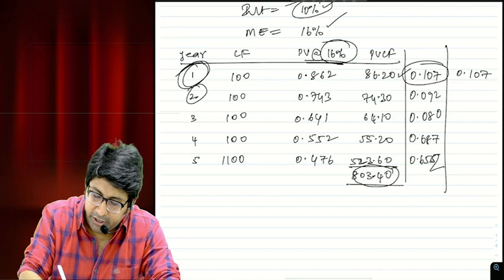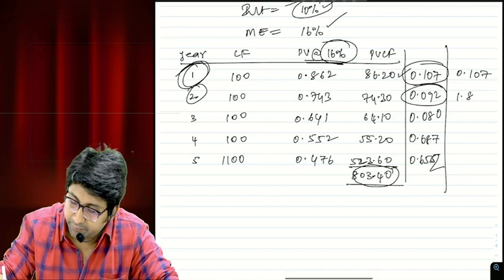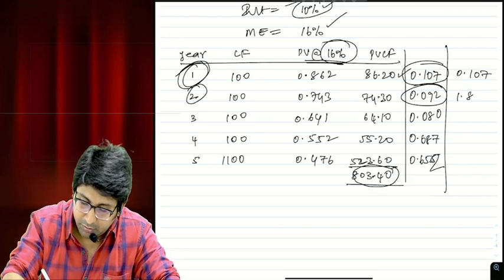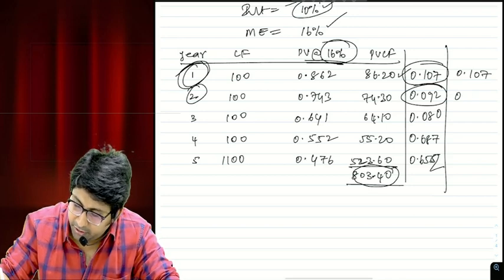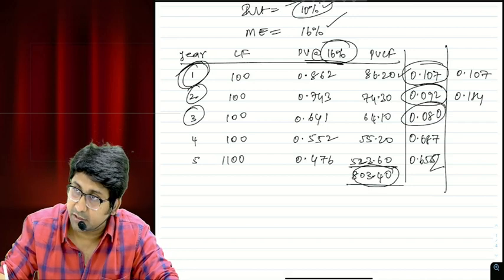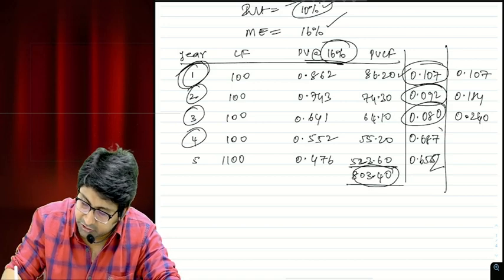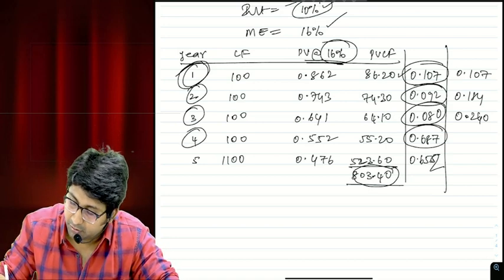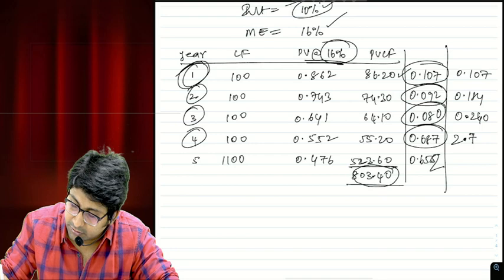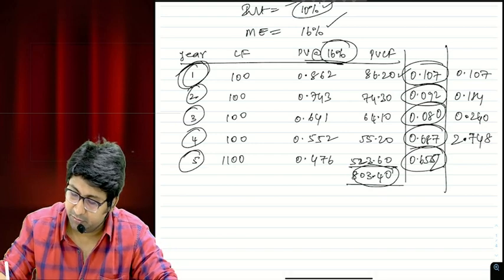Okay. 2 into 0.0902. Next, 3 into 0.08. Next, 4 into 0.687, that is 2.748. 5 into 0.652.